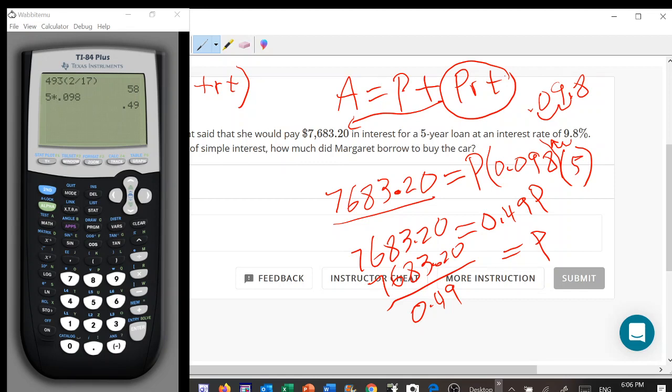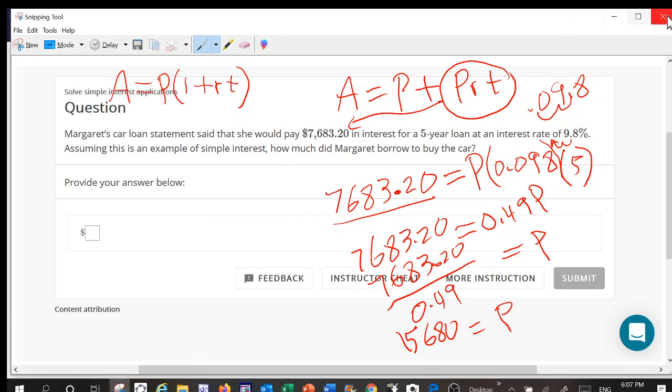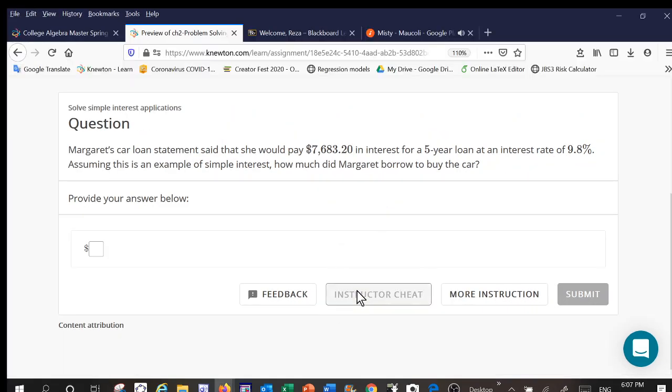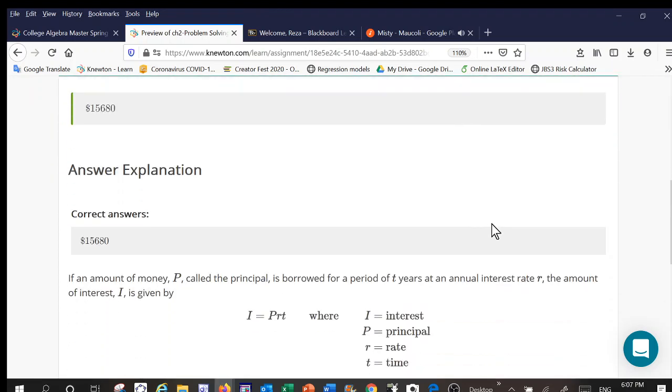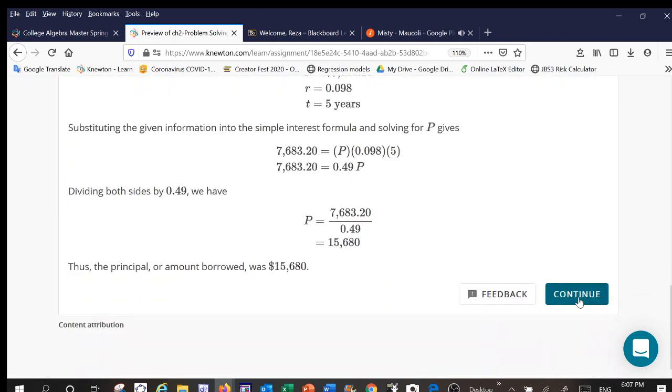Okay, what is that? 7683.2 divided by 0.49 is $15,680. That's how much Margaret borrowed. Okay, $15,680.